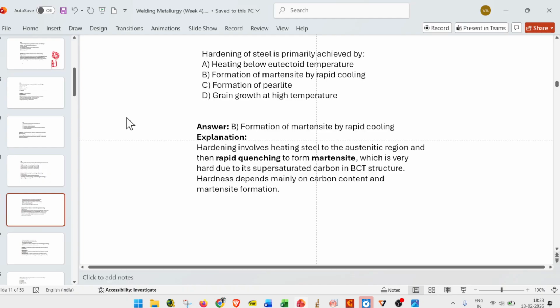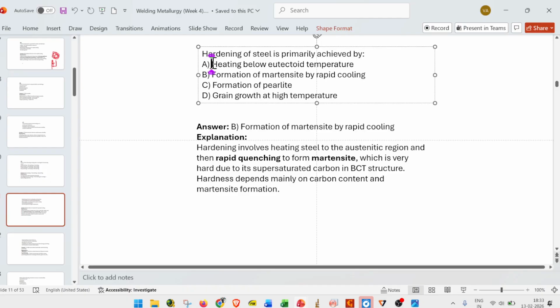If we increase the carbon content, then hardness generally increases. Or if we increase the martensitic phase, that will also increase the hardness. And if we decrease the grain size of the microstructure, that also increases the hardness. Or if you do alloying with different elements, that may also increase the hardness.